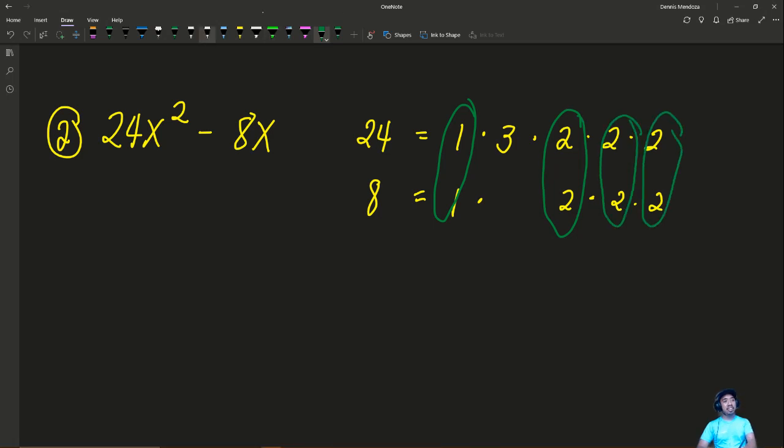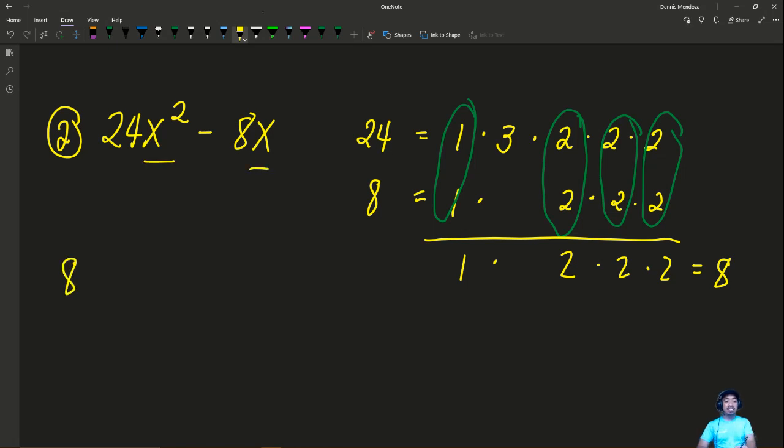Okay, so the greatest common factor then is 1 times 2 times 2 times 2, which is 8. Okay, that's for our numerical value. Okay, so we write 8 here. Analyzing x squared and x, the greatest common monomial factor there is x.